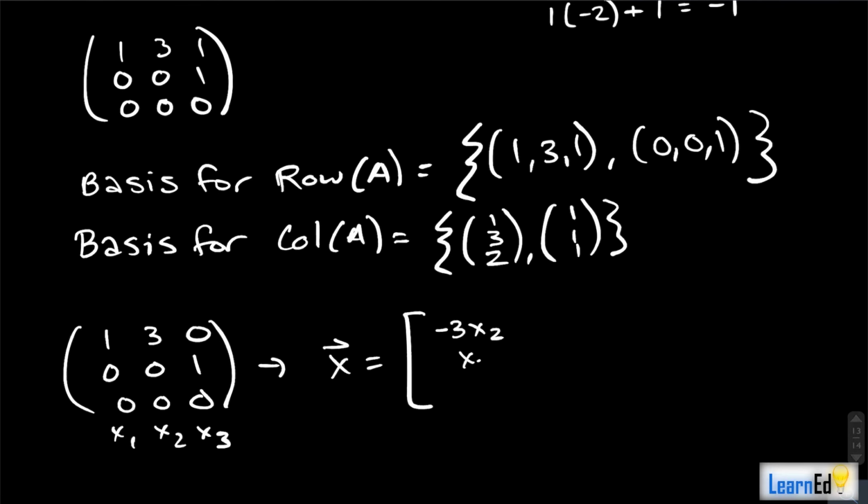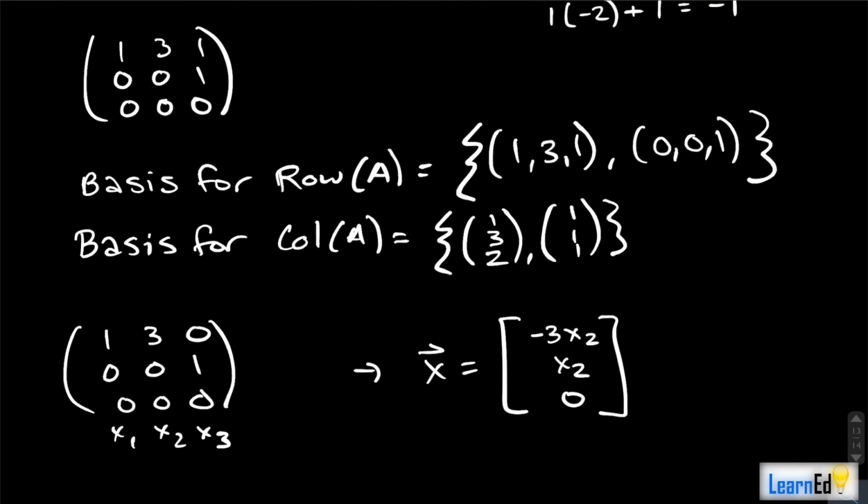You have your middle entry, which is free, and your last entry, which is just 0. Here's why: you augment this with 0 to find the null space, and so here you just get x3 equals 0.